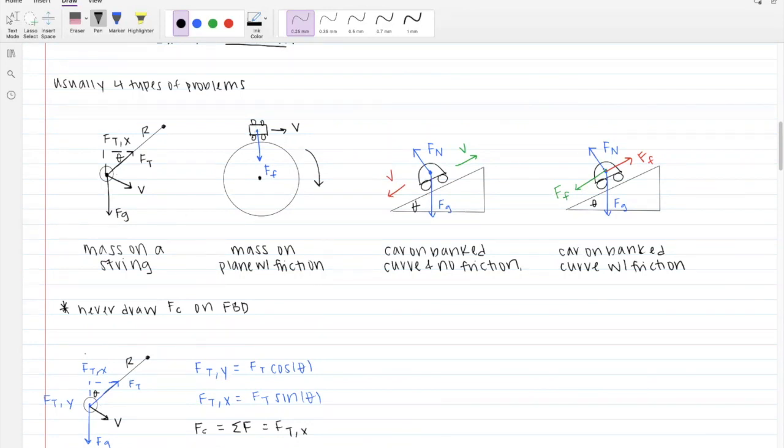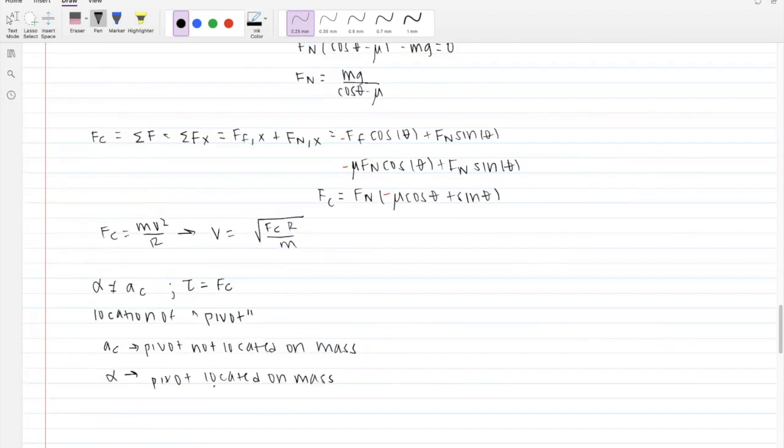And same thing with these cars, these banked cars. The location of the pivot is at the center of the circle. So when we're looking at rotation, we're going to see that the pivot is going to be located on the mass, and we're going to start analyzing those scenarios.